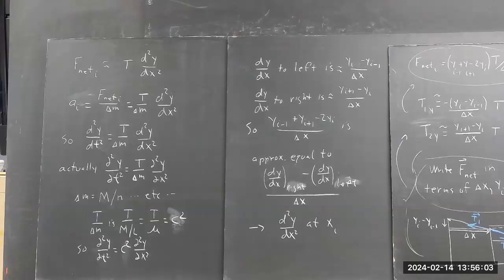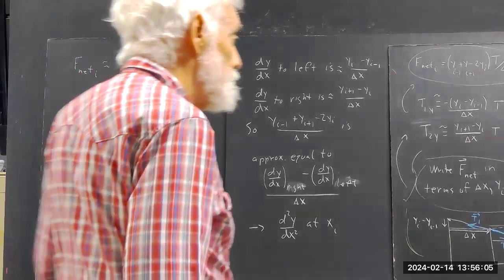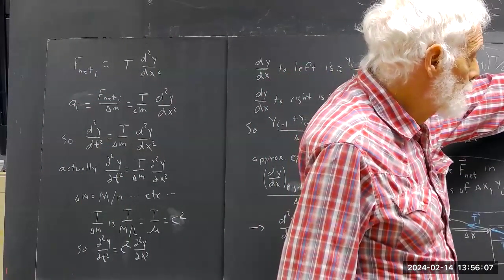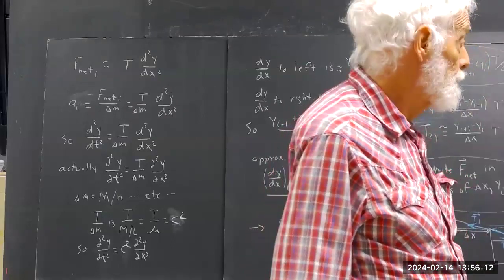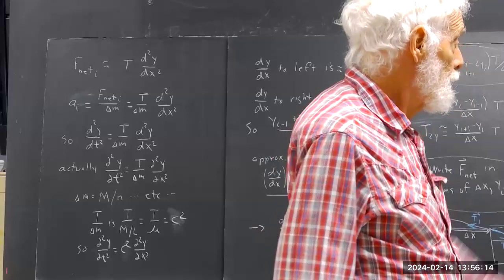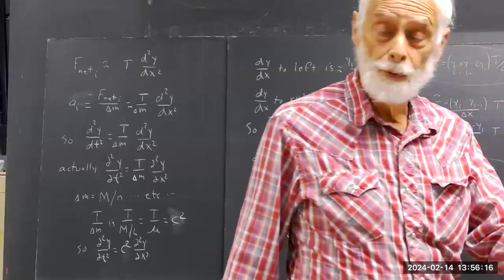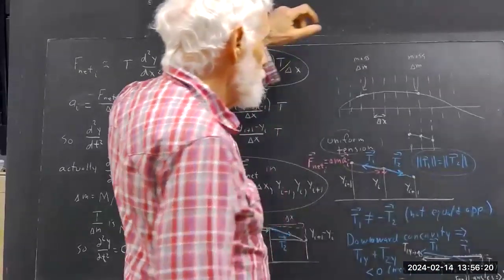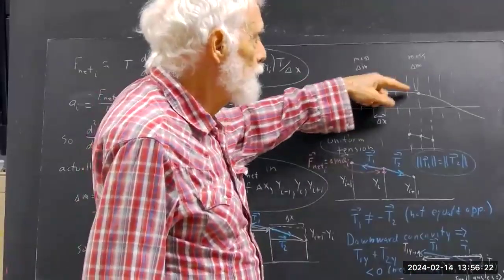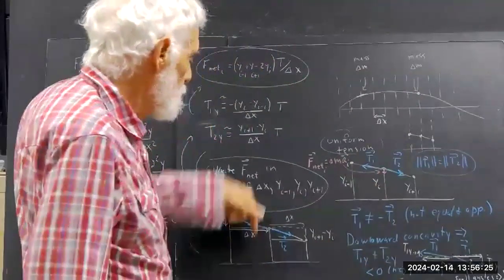What it comes down to is that the particles here are accelerated toward equilibrium due to the difference in the slopes, or the difference in the derivatives. It's the change in the derivative or the change in the slope that creates the force.